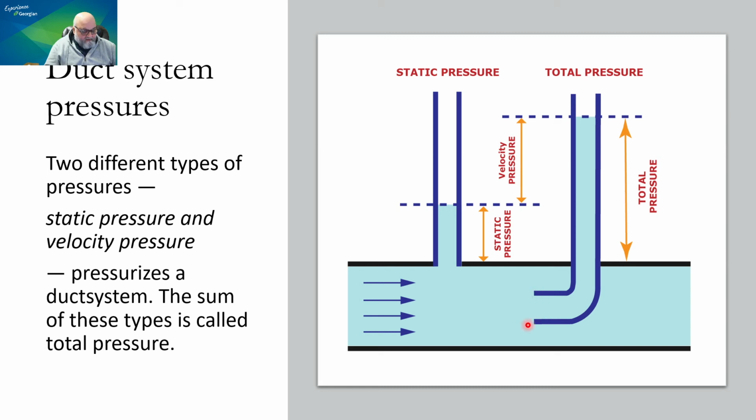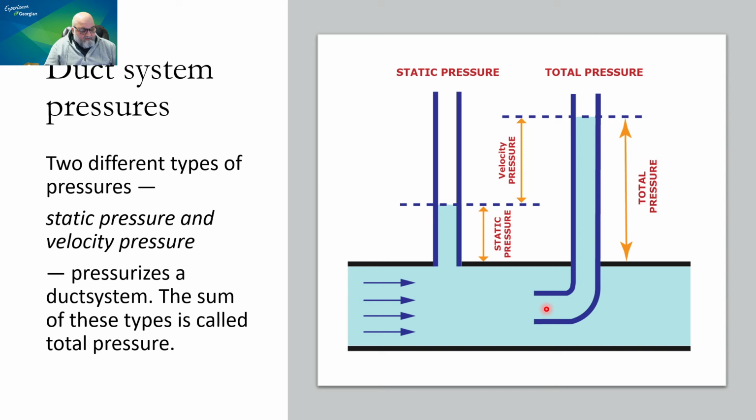And the other will be such that it is facing head on the direction of the flow. So in other words, we're going to measure the pressure perpendicular to the flow direction, and we're going to measure the pressure parallel to the flow direction. You're going to see that only those two ways of measurement exist.